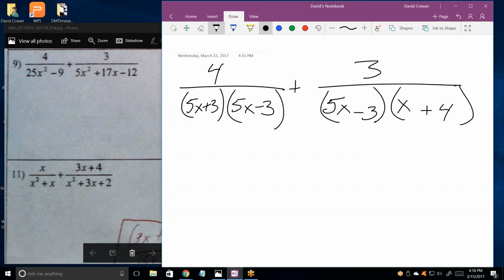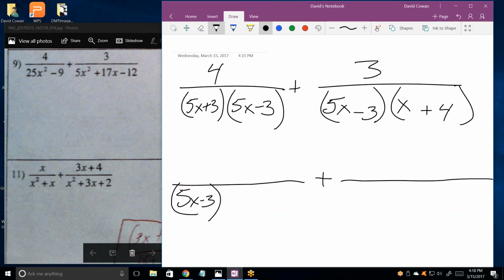Now I'm looking for a least common denominator, which is 5x minus 3. Well, that's one of the terms. Remember that the least common denominator has to be divisible by that, and it has to be divisible by that. So I got to have a 5x plus 3 also.